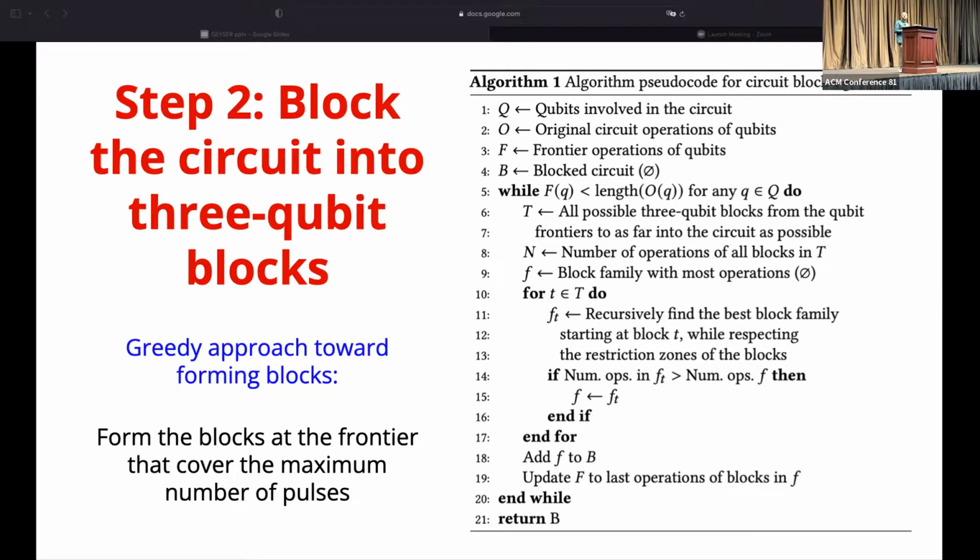The metric that we want to maximize here is the number of pulses, because as we form larger blocks with many more pulses, we'll later be able to compose them into 3-qubit gates with fewer pulses. So we'll be able to get a larger optimization that way. So we start with the blocks from the front of the circuit, and we try to form blocks that can run in parallel and that are as large as possible in terms of the number of pulses that they cover.